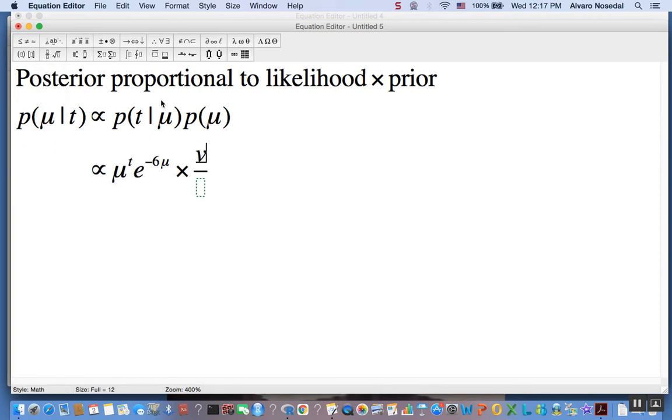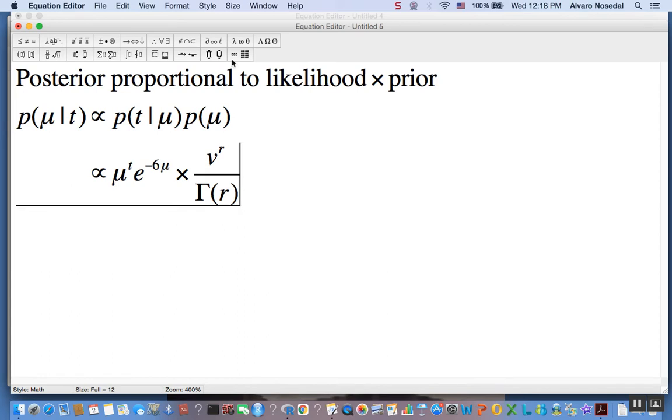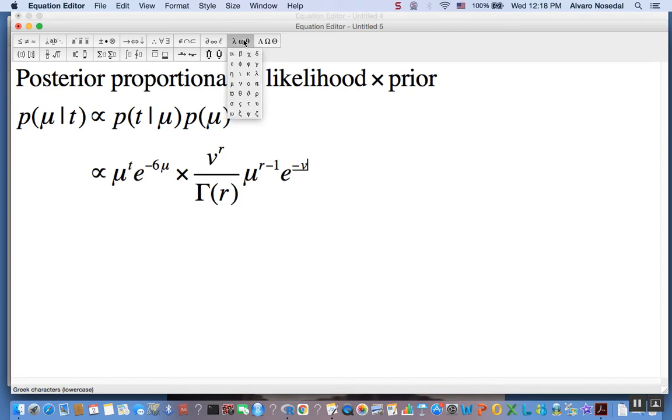So it's v to the power r divided by the gamma function evaluated at r, times mu to the power r minus 1, times e to the negative v times mu, right?